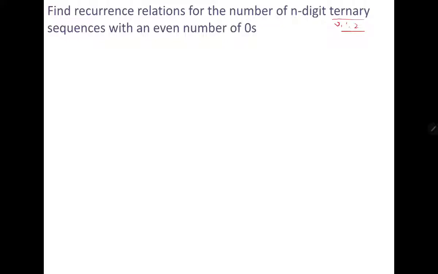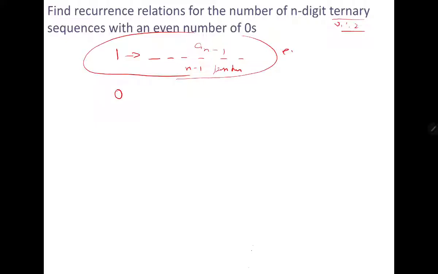So we'll use the same approach: either you start with 1 or you start with 0. When you start with 1, there are remaining n minus 1 positions. If you fill these n minus 1 positions in a n minus 1 ways, then overall there are even zeros, because these n minus 1 positions have even zeros, and along with 1 it remains even zeros.